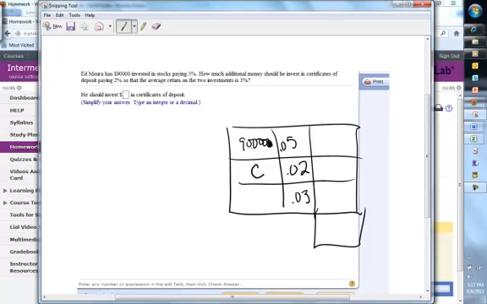So we have 90,000 times 0.05. 90,000 times 0.05 is $4,500 in interest here.